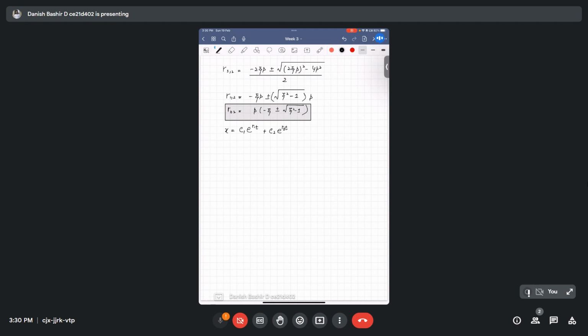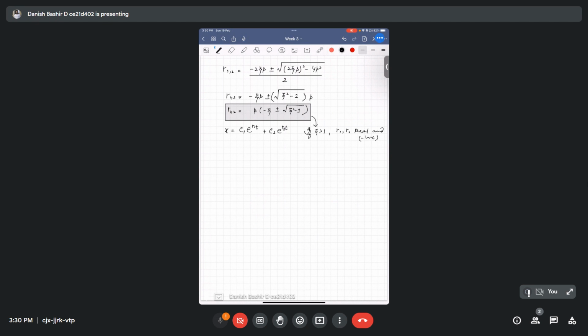We can see from this equation that if theta is greater than 1, r1 and r2 both will be real and negative.